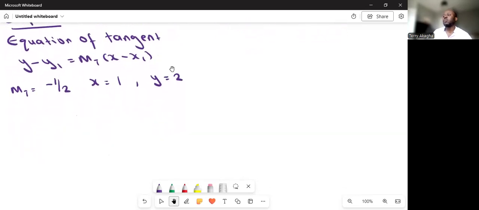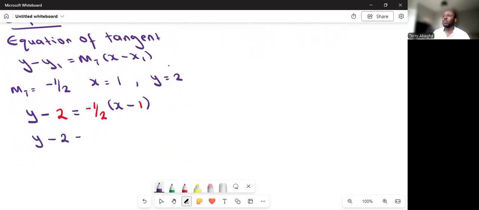It's going to give us y minus y1, which is 2, will be equal to mt, which is minus 1 over 2, times x minus x1, which is 1. Are you seeing it? So it's going to become y minus 2 is equal to minus 1 over 2 x. Minus times minus is going to give us plus 1 over 2.